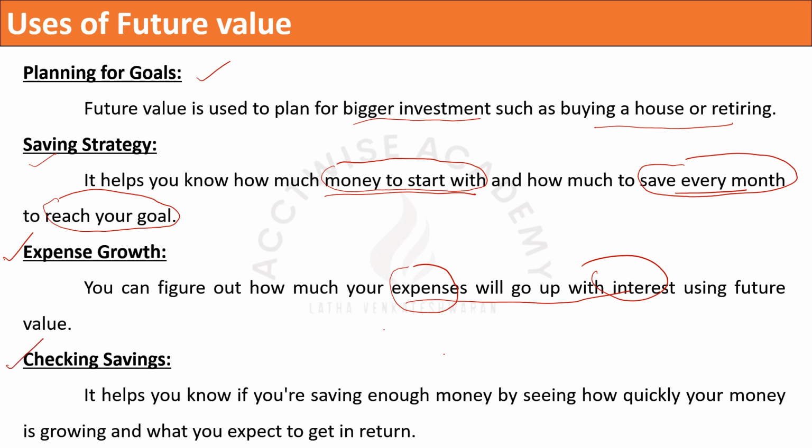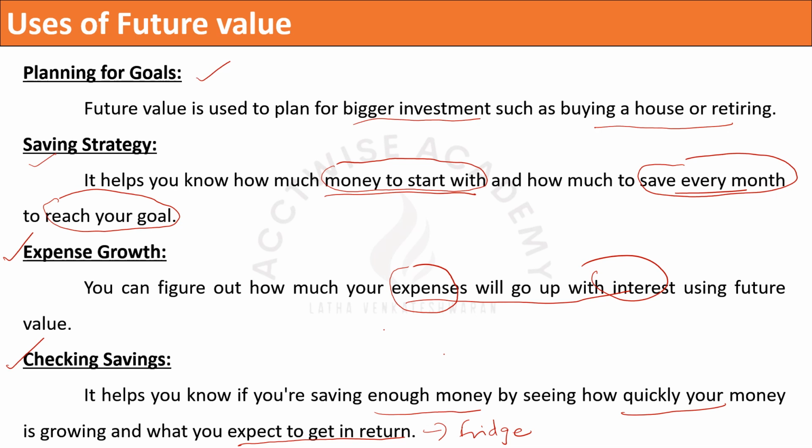Okay. Next is checking savings. So imagine you have a piggy bank and you are saving some funds in it for buying a fridge. So what is checking savings? It helps you know if you are saving enough money by seeing how quickly your money is growing and what you expect to get in return. The return is that you want to buy a fridge. So you are saving in a piggy bank every week.